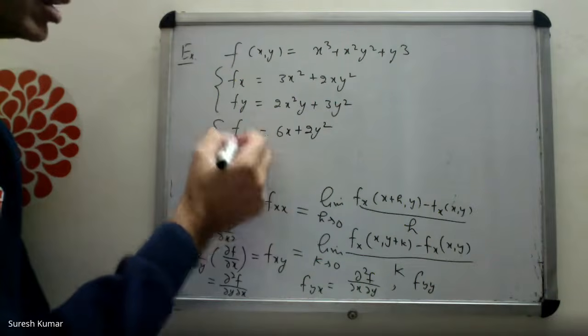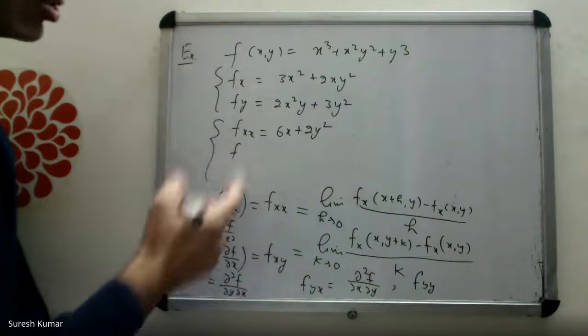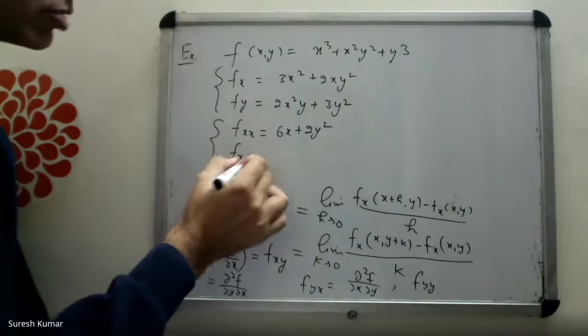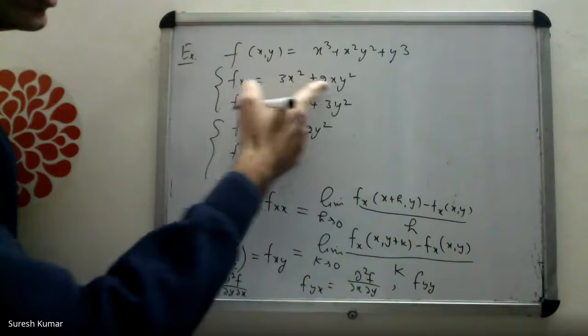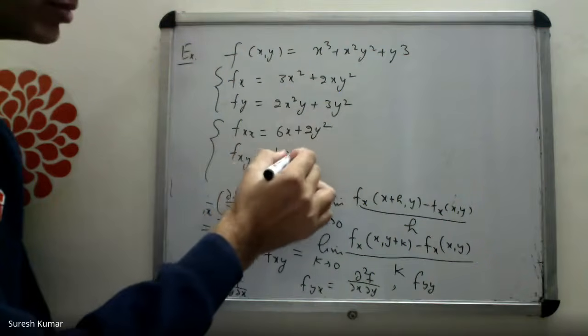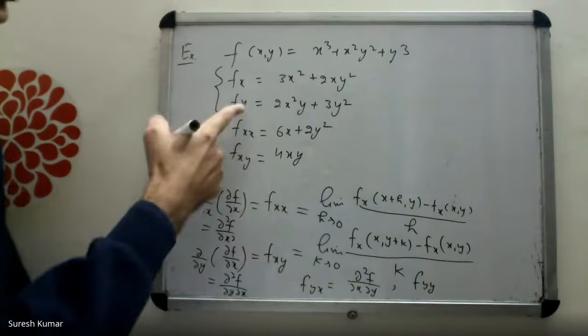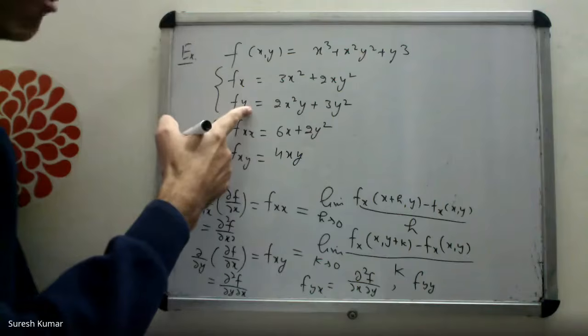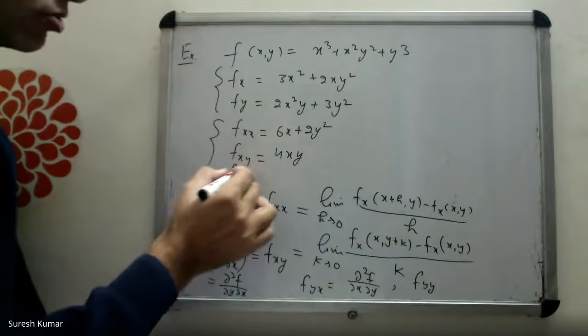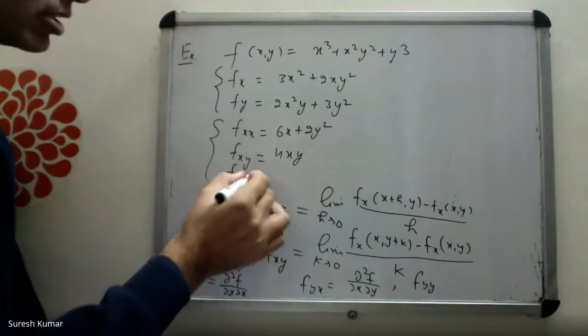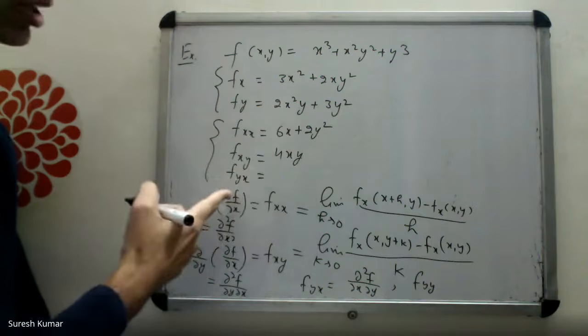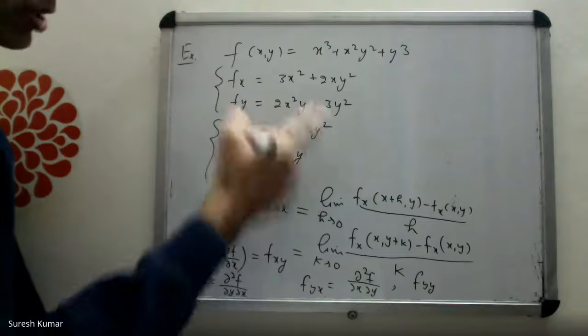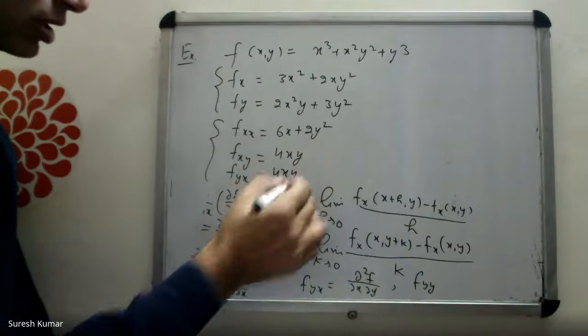Then, if I differentiate this with respect to y, then it is f_xy. What do we get? 4xy. Now, if I differentiate f_y with respect to x, what do I get? f_yx. f_yx means differentiating this with respect to x. Again, I get 4xy, you can see.